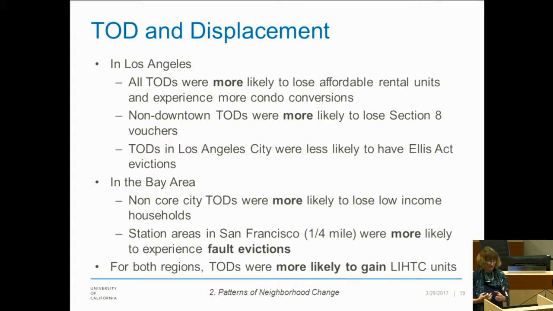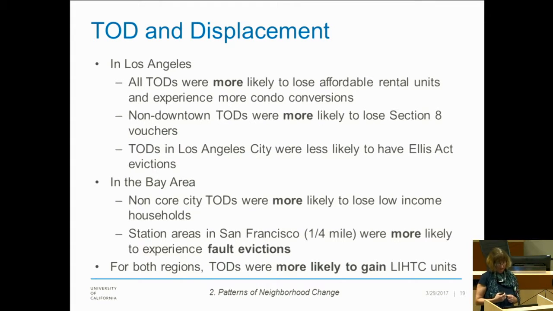The transit neighborhoods in Los Angeles were less likely, interestingly, to have Ellis Act evictions. In the Bay Area, we found a different type of story. We found that outside of the core cities, TODs were actually experiencing more displacement of low-income households. And in San Francisco, there were more likely to be fault evictions near these stations.